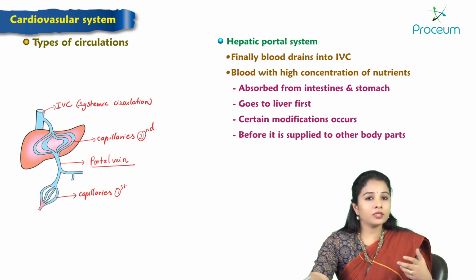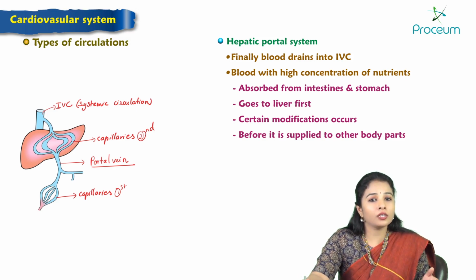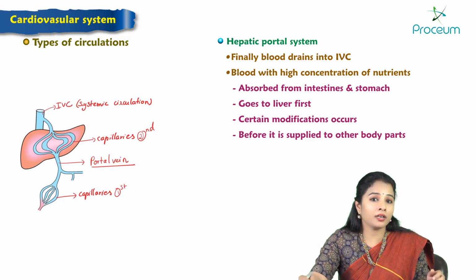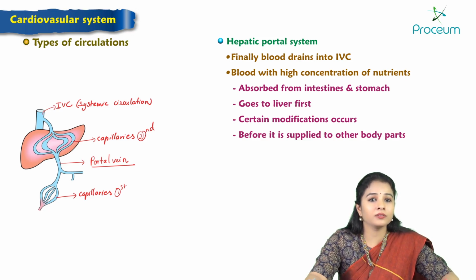Means whatever nutrients are absorbed in the small intestine pass through this portal vein, and the portal vein divides to form capillaries inside the liver, where most of the biochemical changes happen, that is glycolysis, all the fat metabolism, all the metabolisms of different substances, and some substances are stored in the liver and some are given to the blood. And after doing these modifications, the blood enters back into the inferior vena cava. So that is about this hepatic portal system.